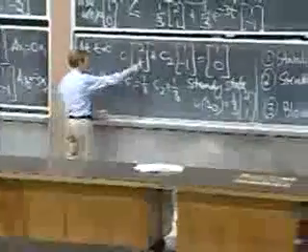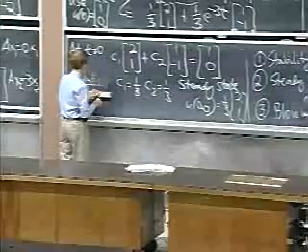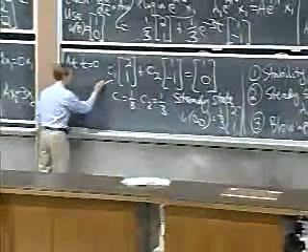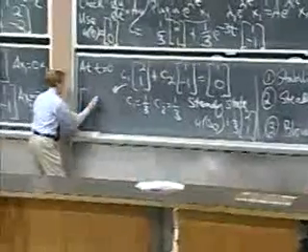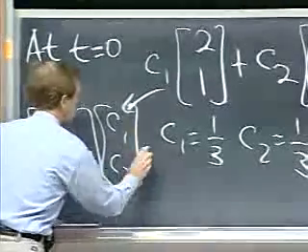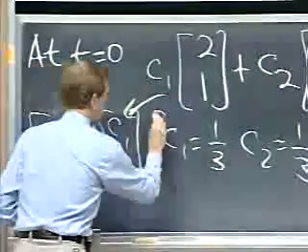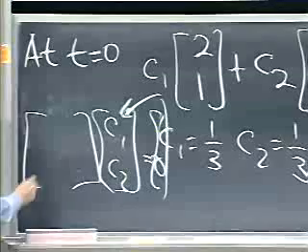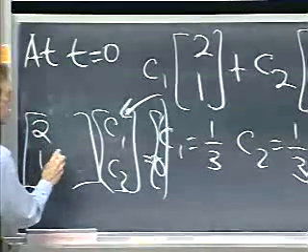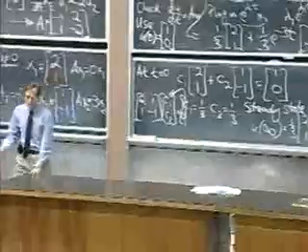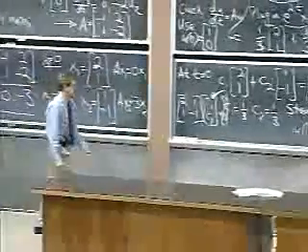So this system of equations is some matrix multiplying C1, C2 to give U of 0, which is 1, 0. What's the matrix? Well, it's obviously 2, 1, 1, minus 1, but we have a name, or at least a letter, for that matrix.